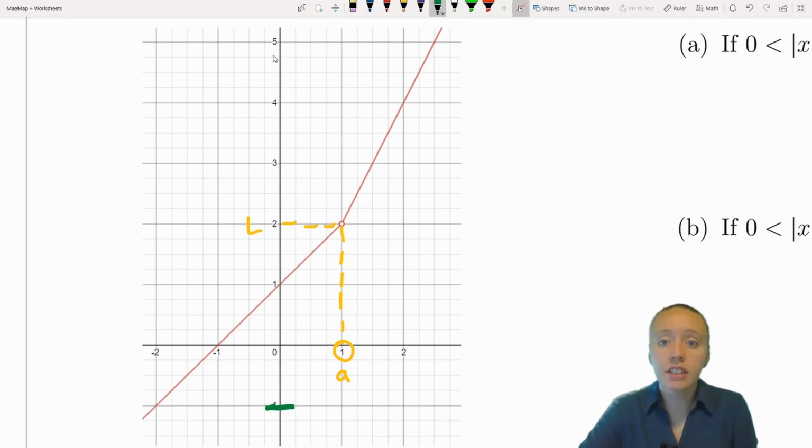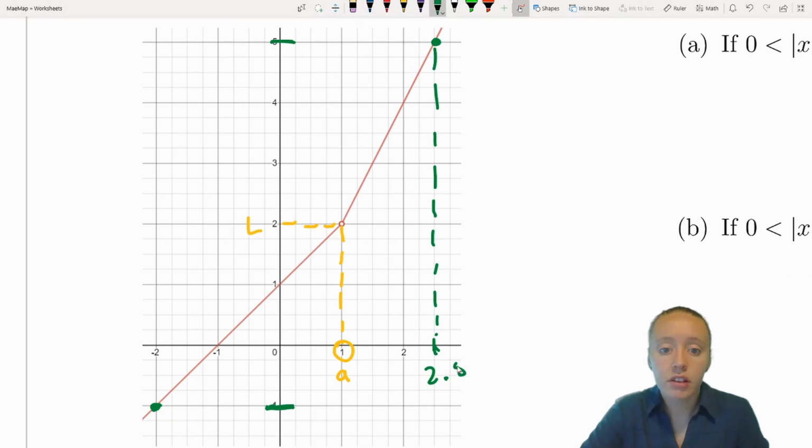So moving down to -1 or up to 5, those associated values in the x are going to be, here I have 2.5, and here I have a -2.